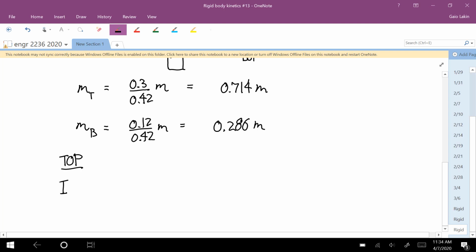So we know that the moment of inertia about that hinge is the moment of inertia about the center of mass plus m d squared, the mass of the top times the distance from the center of mass of the top to the hinge squared.